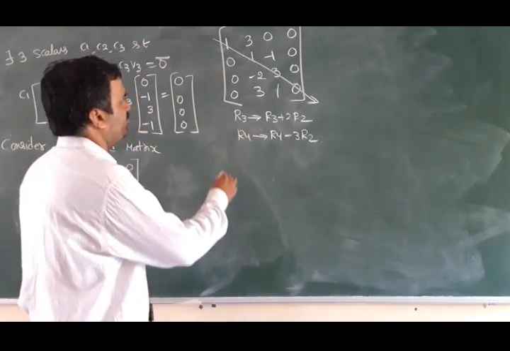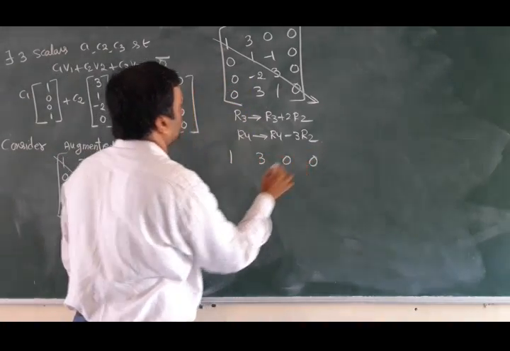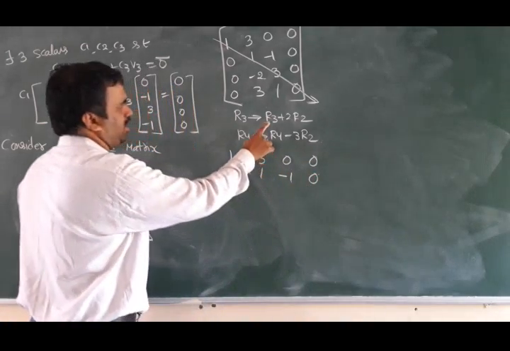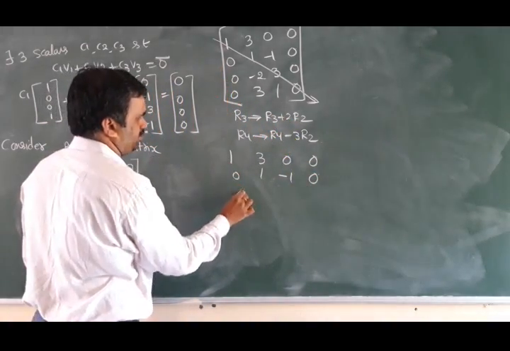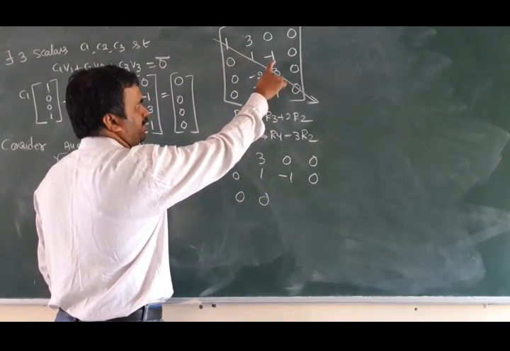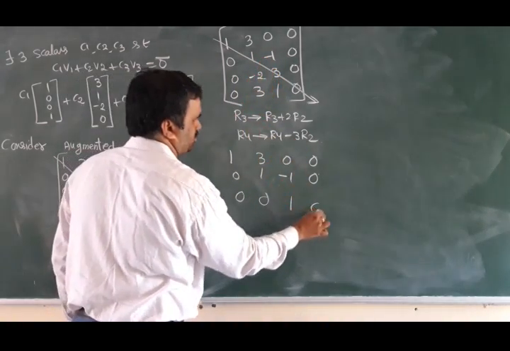First row and second row as it is: 1 3 0 0, 0 1 minus 1 0. R3 plus 2 times R2: 0, 0, then 3 plus 2 times minus 1 gives 1, and 0.